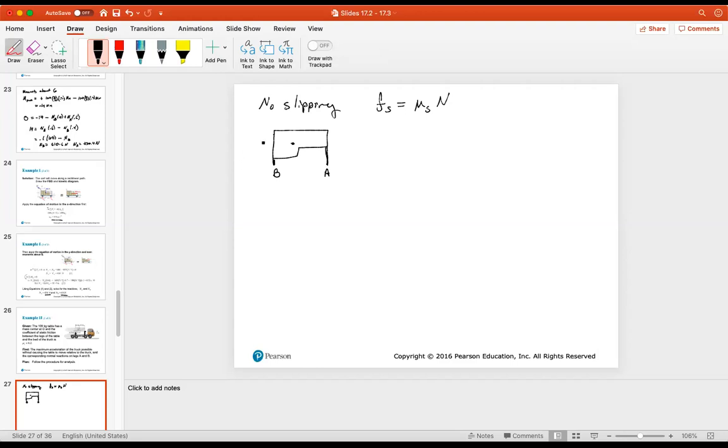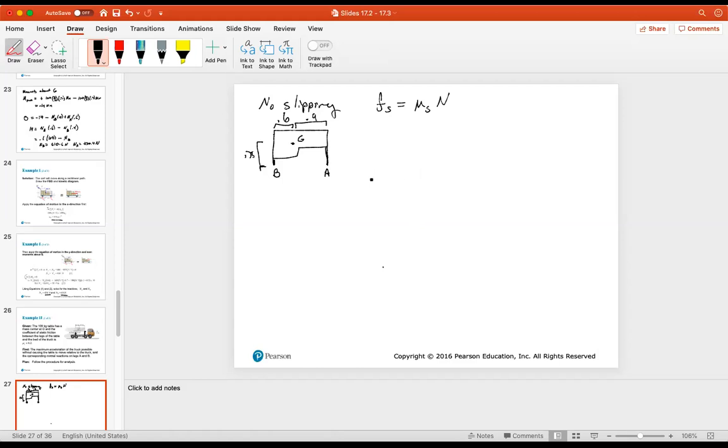I'm told that this distance is 0.75, this distance is 0.6, and this distance is 0.9 meters. Everything's in meters. And this is the center of gravity, G.